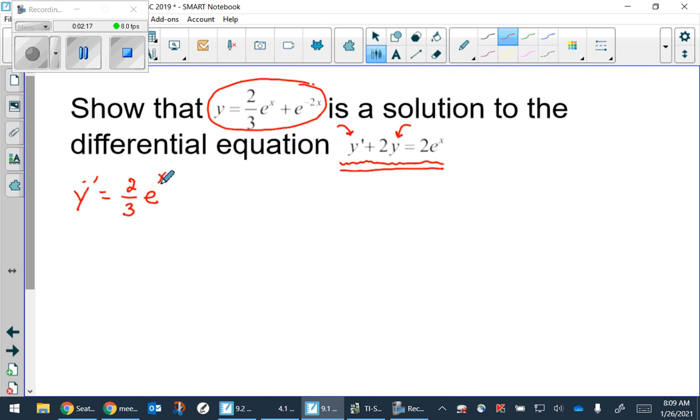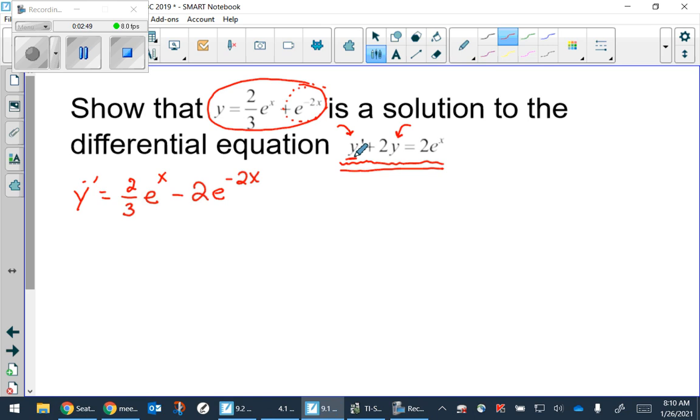And then Ryan Kruk, I need the derivative of e to the negative 2x. Negative 2 e to the negative 2x, because the derivative of e to the something is e to the something times the derivative of that something. Okay, I have first of all found the one derivative that I need.